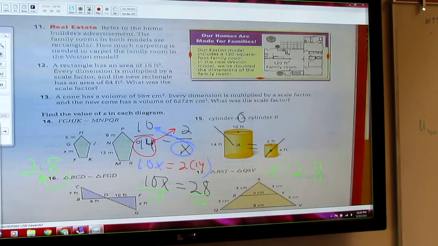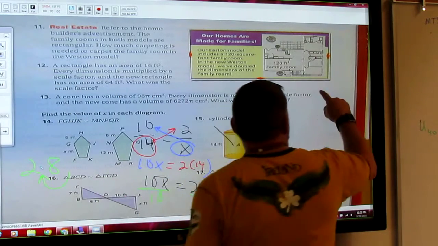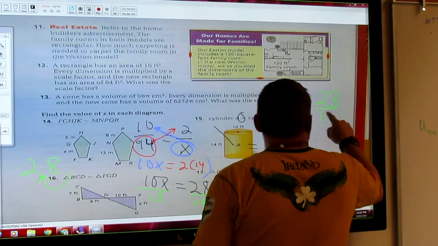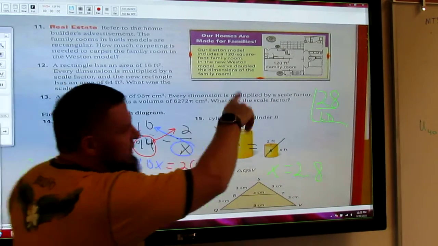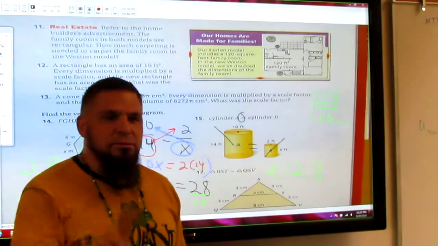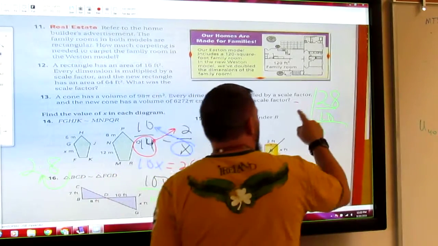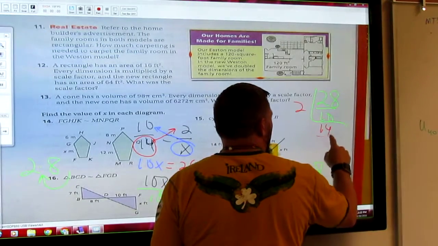But another way you can do this is 28 over 10, and then do your upside down division. What goes into 28 and 10? 2. 14 and 5.